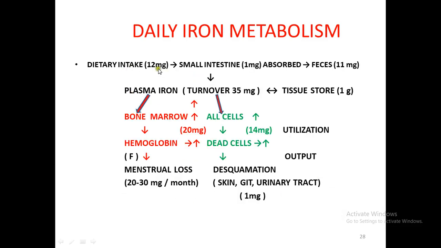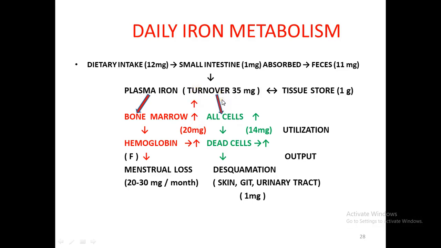So what we find is that if the dietary intake is 10 to 12 milligrams per day, it enters the small intestine, and only 1 milligram is absorbed. The remainder of the 11 milligrams are thrown out in the feces. That 1 milligram then enters the plasma. From the plasma, it enters the bone marrow to form hemoglobin, and when the RBCs have lived out their lifespan of 120 days, they enter the reticuloendothelial system and release the iron back into the plasma.